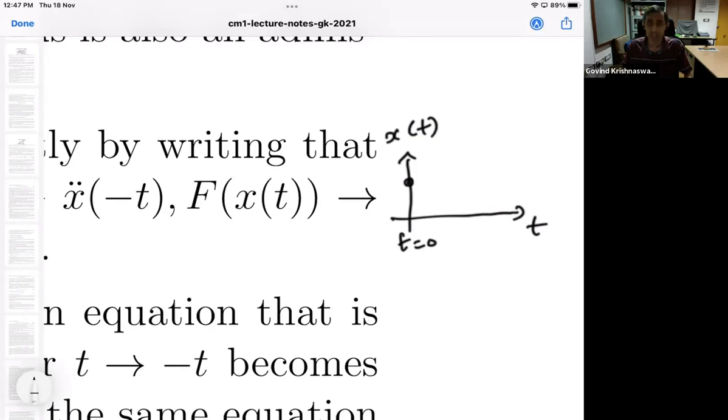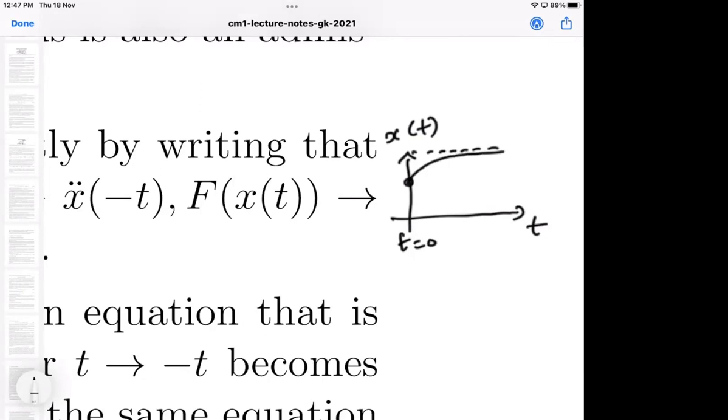Perhaps its location changes with time, but eventually it comes to rest. Is that plausible, that this is the trajectory of a particle? Yes, sir.